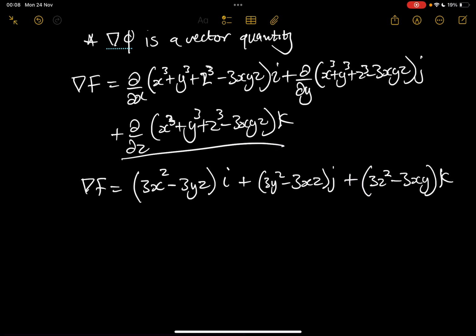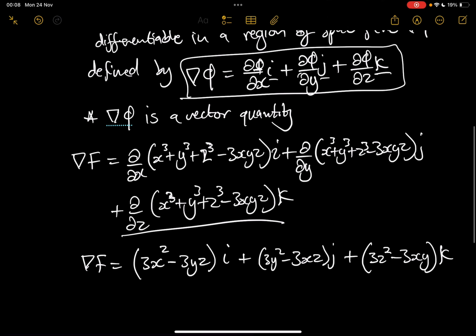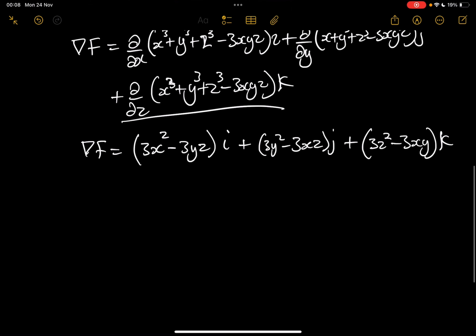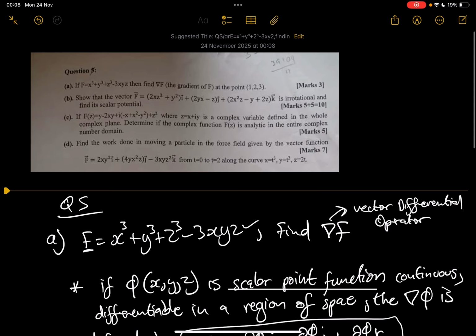Okay, so now we have differentiated the function that we're given with respect to x, y, and z. When you look at the question, they said at the point 1, 2, 3, right?